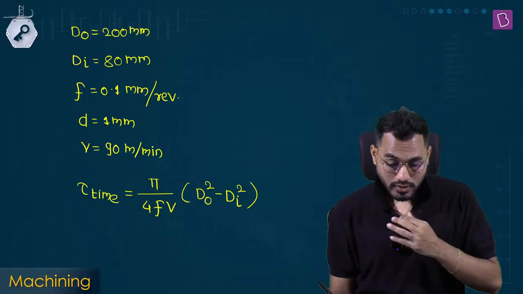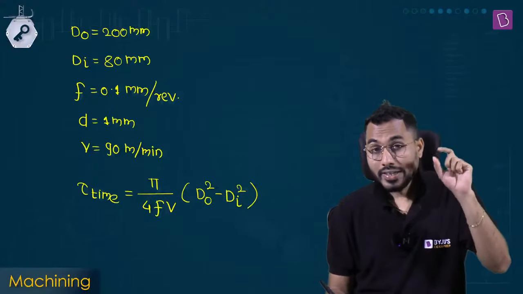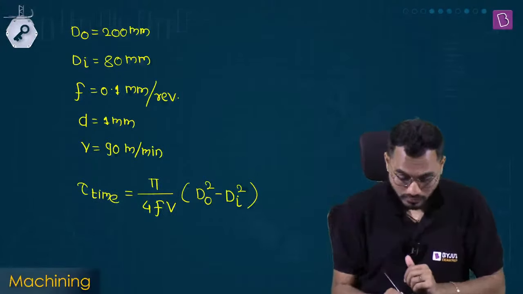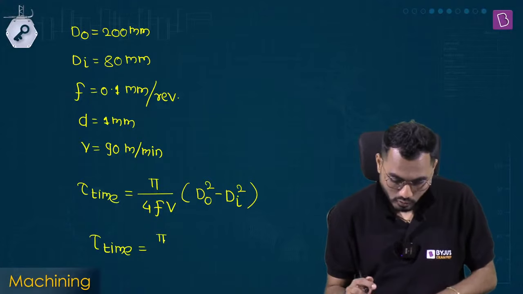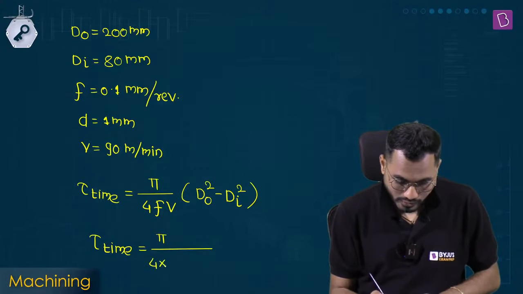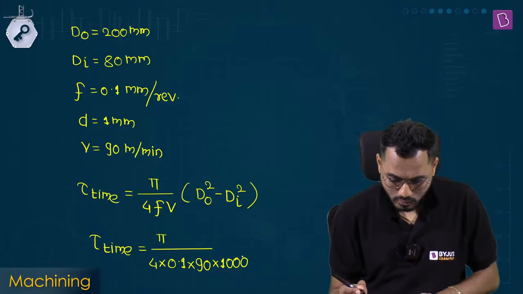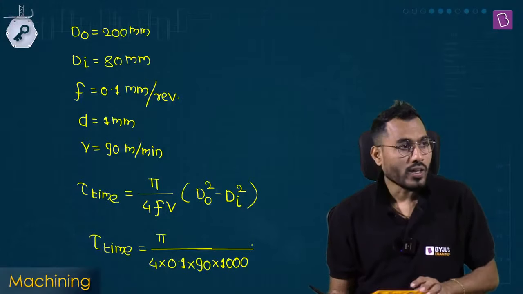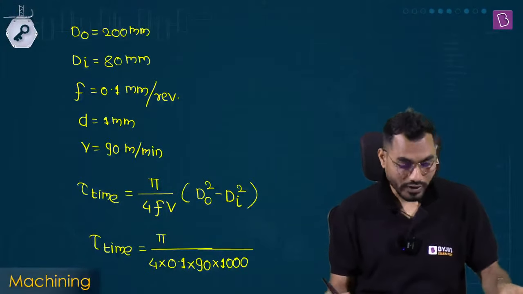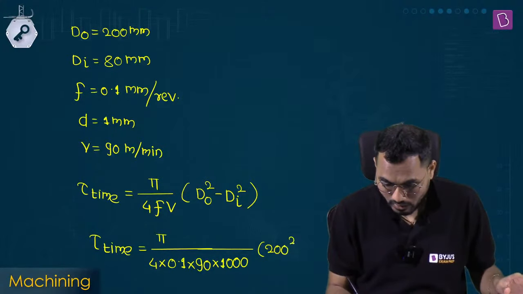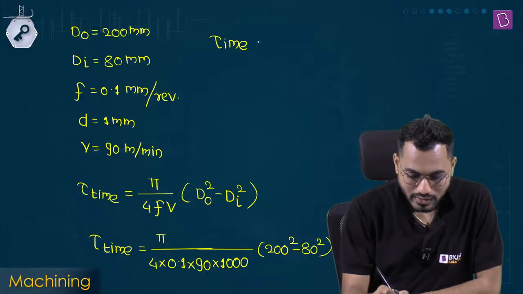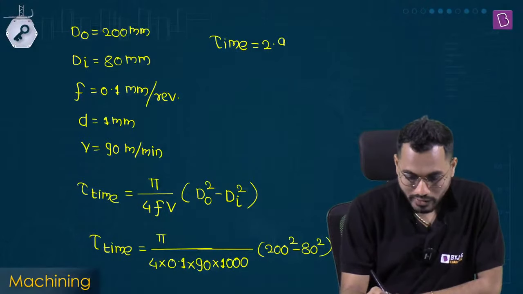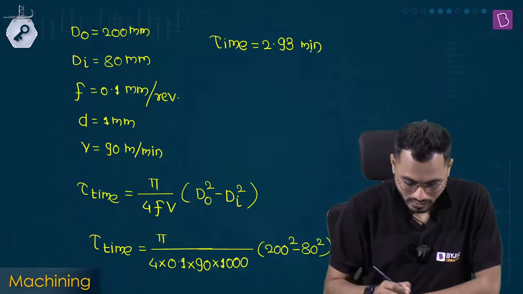So machining time is equal to pi divided by 4 into feed, which is 0.1 mm, into velocity 90 meter per minute. Convert into mm, so multiply by 1000. Don't forget that. Outside diameter 200 square minus inside diameter 80 square. So the machining time comes to 2.93 minutes.